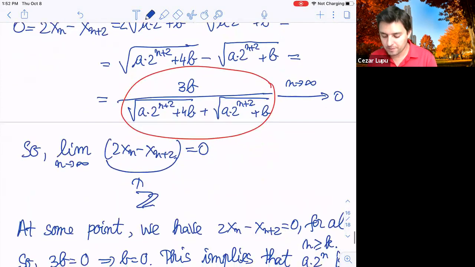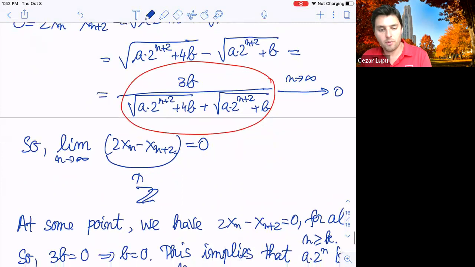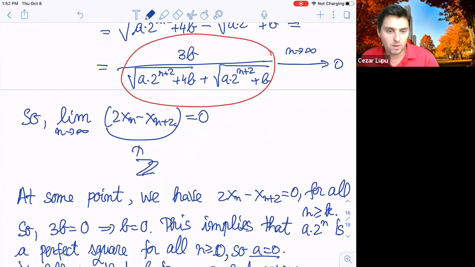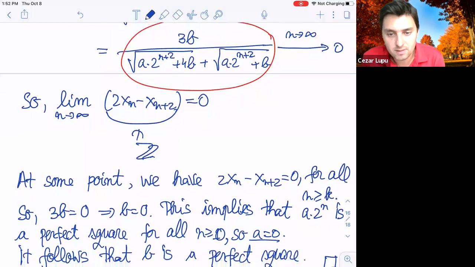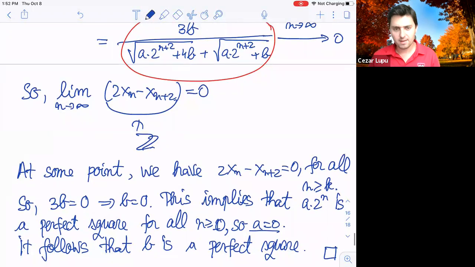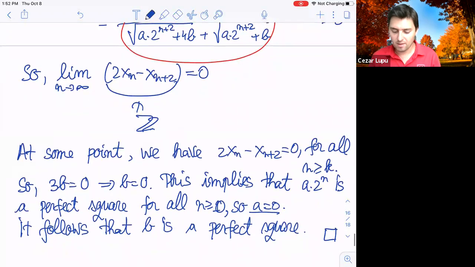You see, if B is different than 0, then this limit is 0, then the difference of that sequence is 0. So at some point it follows that B is 0, contradiction. So B must be 0, right? And this means that A times 2 to the n is a perfect square for all n, and then this means that A is 0. So it follows that B is a perfect square. But anyway, you will understand what I mean by that.